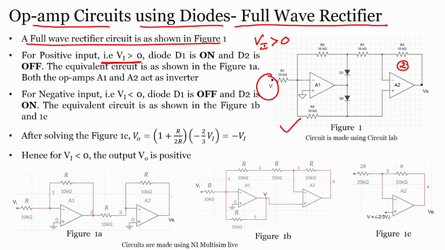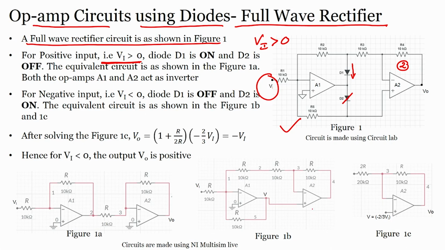Vi is greater than 0, then my output will be such that my diode D1 will start conducting, and D2 will be off.